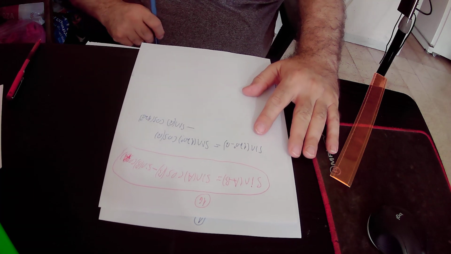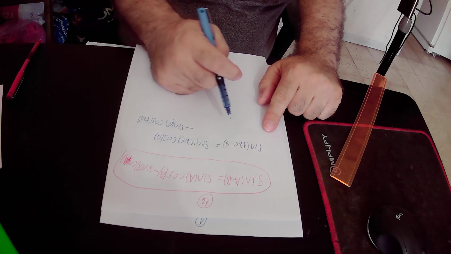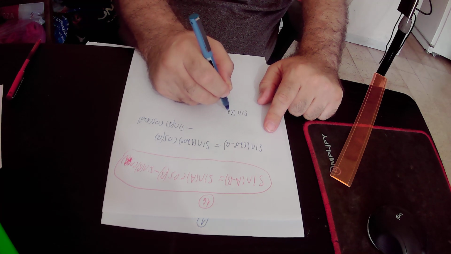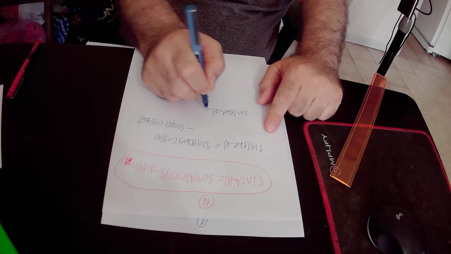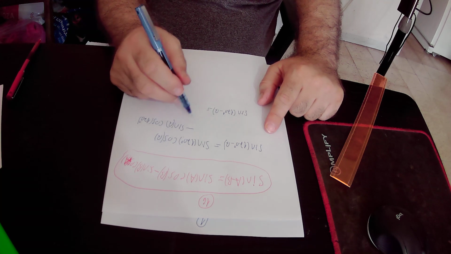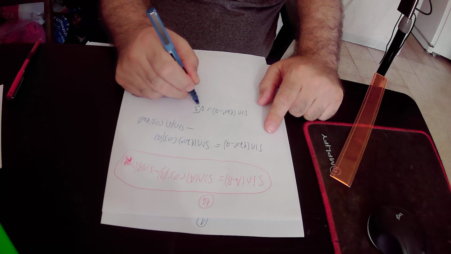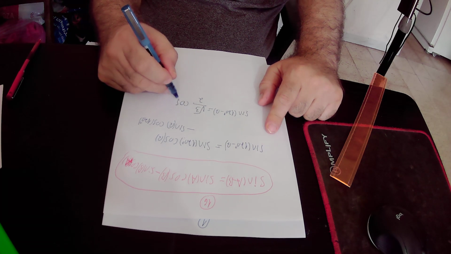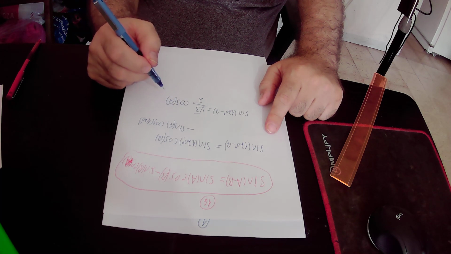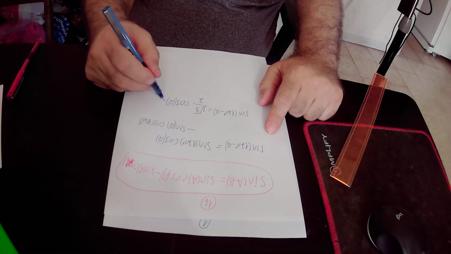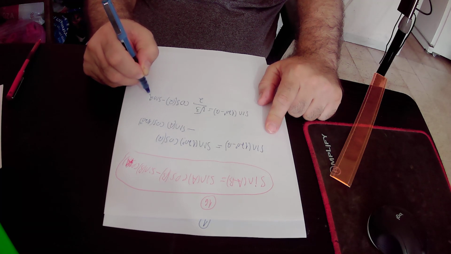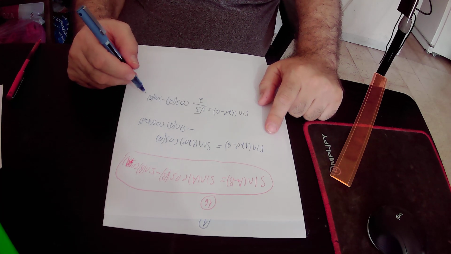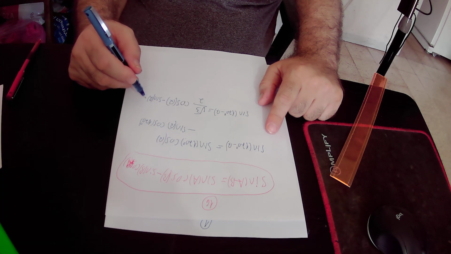Okay, so actually that is the value of sine of 120 degrees minus Q. So sine of 120 degrees minus Q equals sine 120 degrees, which is root 3 over 2, times cosine Q, minus sine Q, and cosine 120 degrees is actually minus 1 over 2.